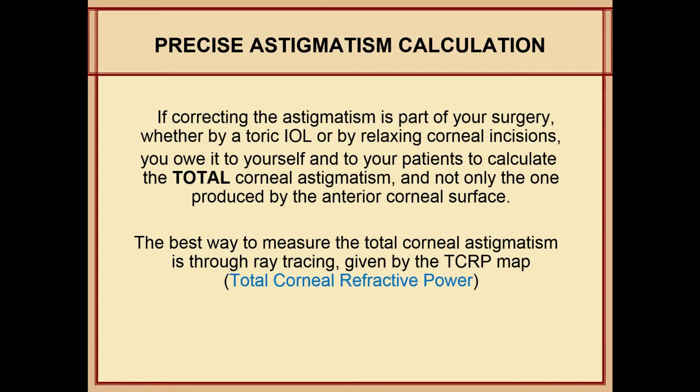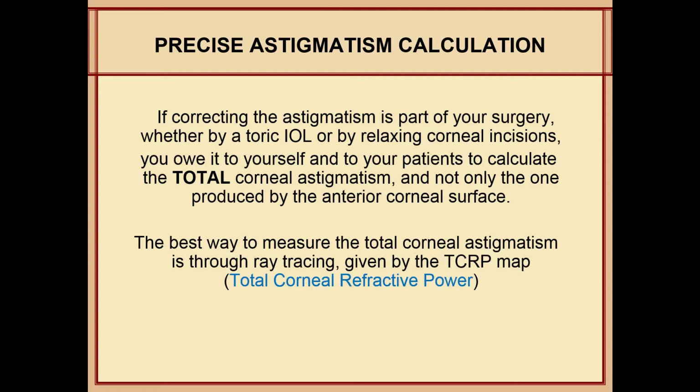And I am pretty sure many of you are familiar with an article by Doug Koch that was done not too long ago, where they showed that the amount of astigmatism from the posterior surface of the cornea is very important to the calculation of the total amount of astigmatism.